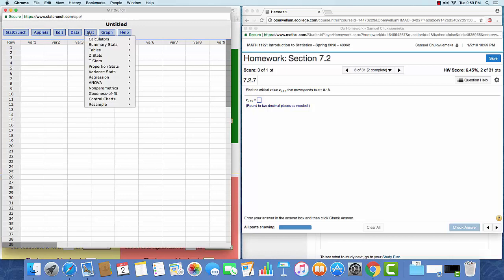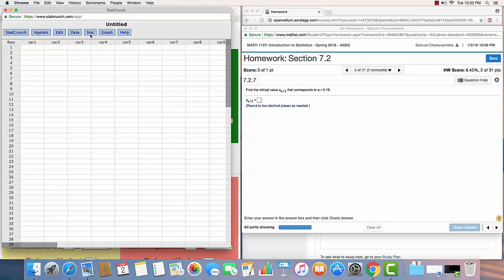Go to Stats. You click on Proportion Stats, one sample with summary. Okay? No, I'm sorry. This is just critical value, so that's not what you use. Because this is critical value, we're going to use the normal distribution calculator.